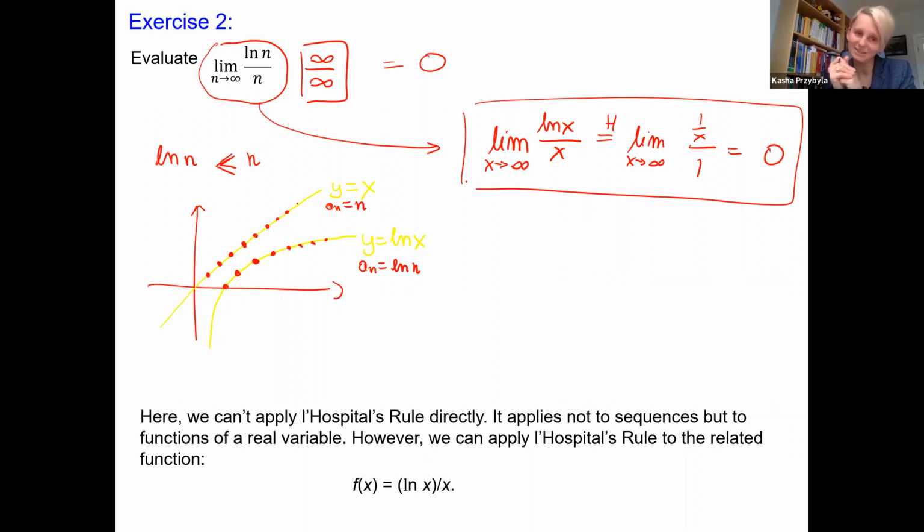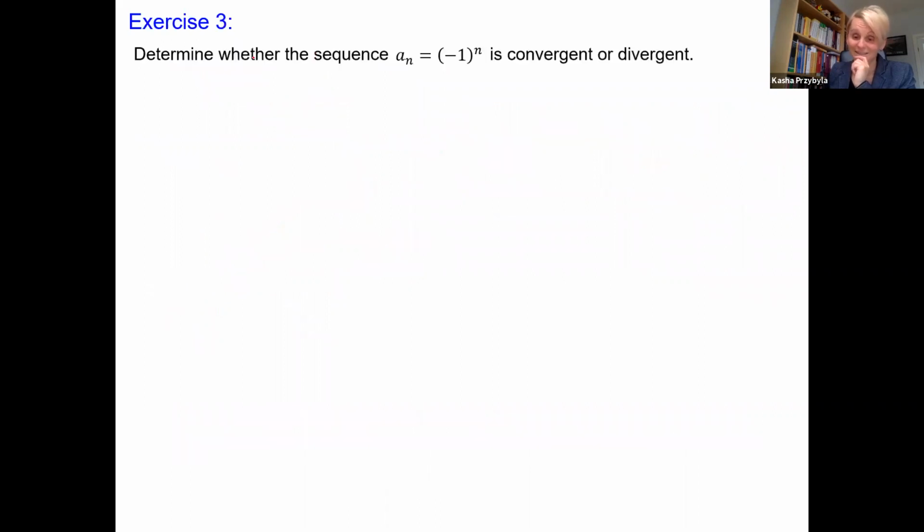But we understand the problem. I think some textbooks will say n is fine. We know what we're doing, okay? But when we have dots, we can't really differentiate, though we still have the discrete calculus, but that's another story.